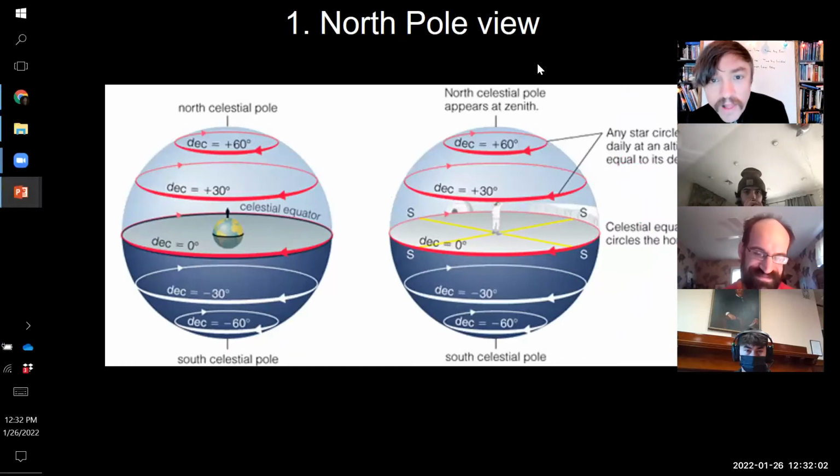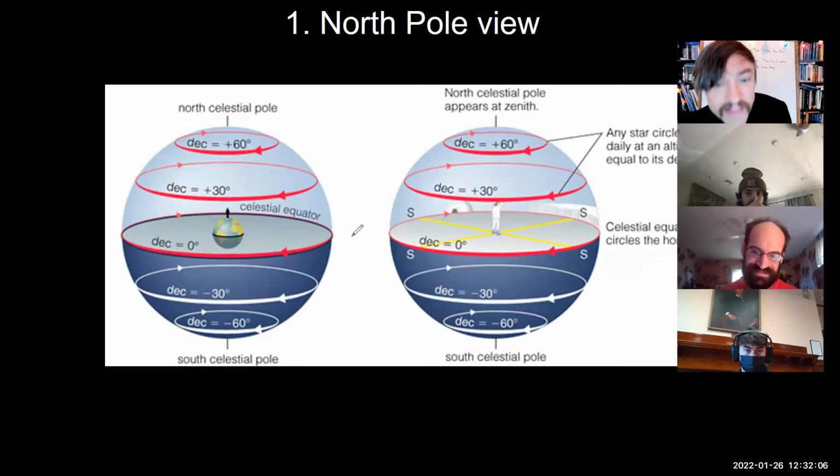On the North Pole, on the day of the spring equinox, the celestial equator is your horizon. And to understand how totally wacky that is, on the day of the spring equinox, if you're on the North Pole, the sun actually just travels the horizon and it's 24 hours of dusk.